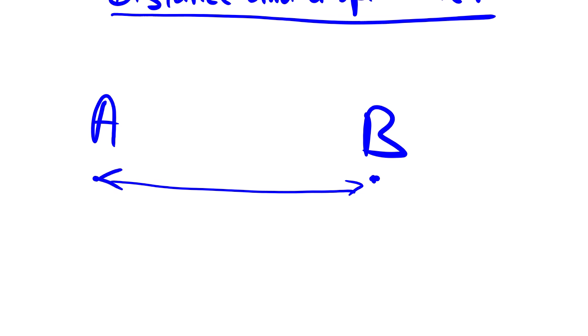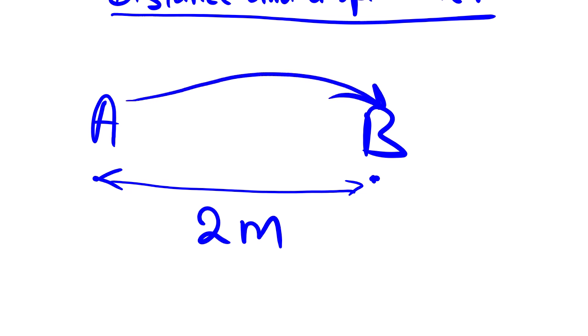We can measure this distance and say something like 2 meters. That means the extent of space from A to B is 2 meters. Now, this is the distance between the two.